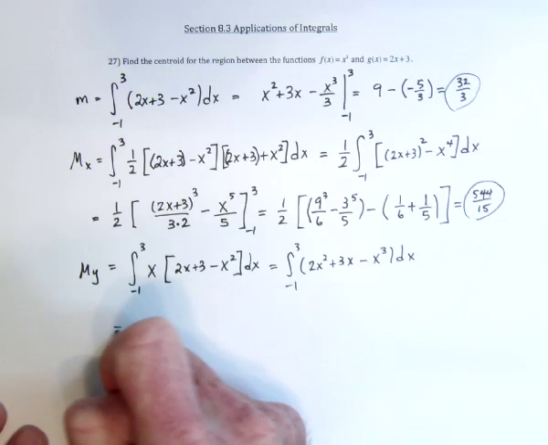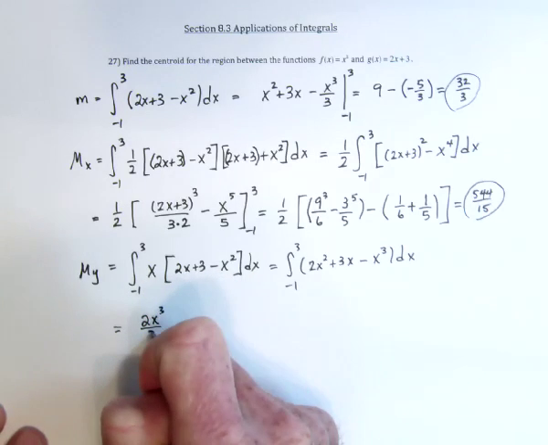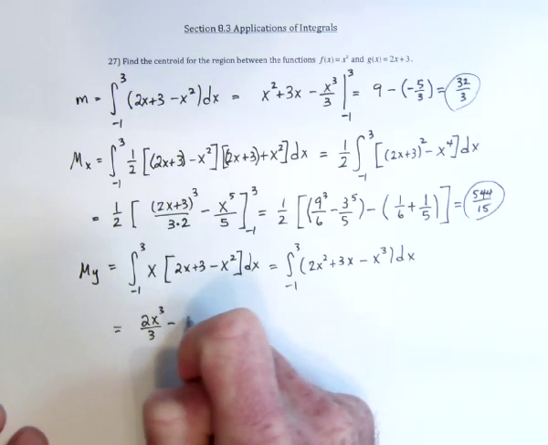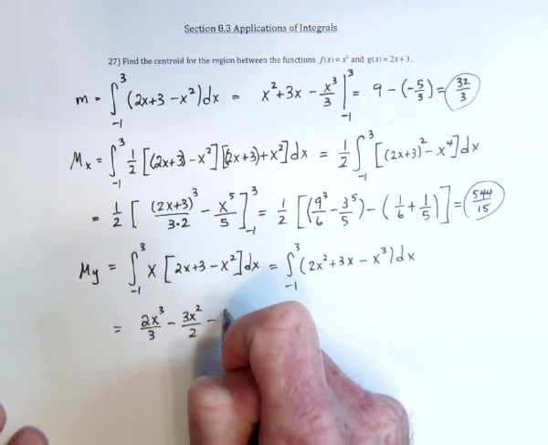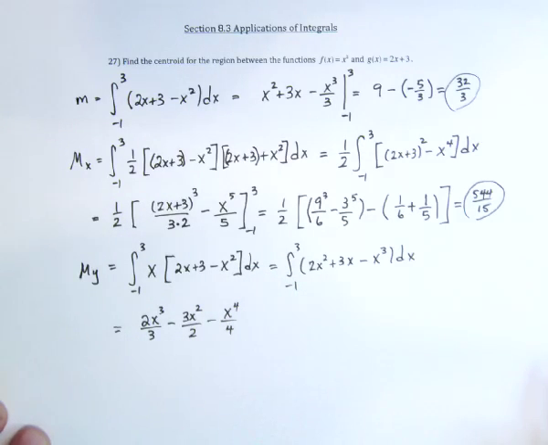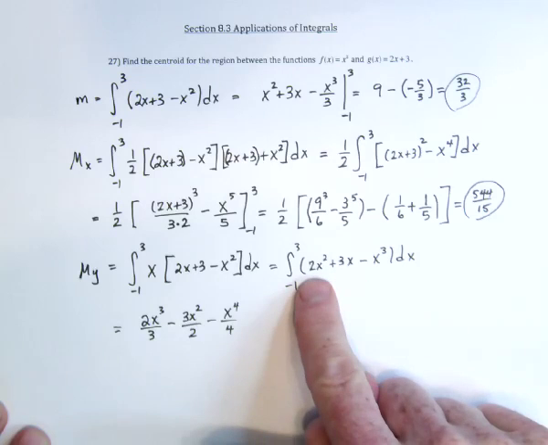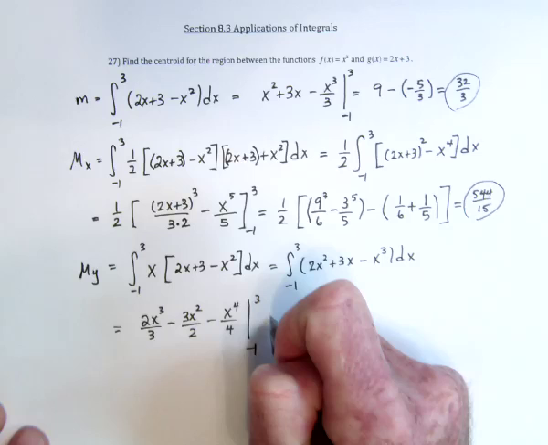And now integrate those. So the first one is going to look like 2 times x cubed over 3, minus 3x squared over 2, and minus x to the 4th over 4. Double check those. All right. And then evaluate that from negative 1 to 3.